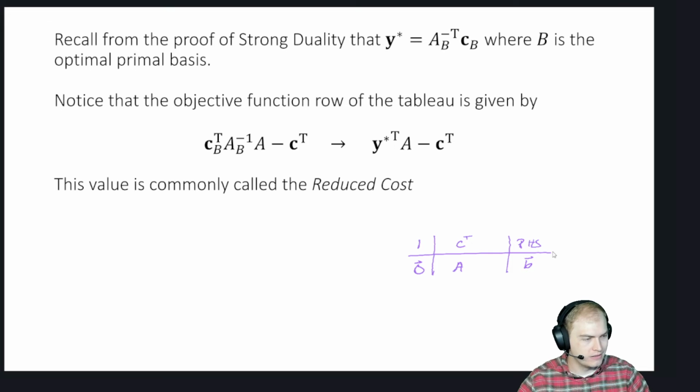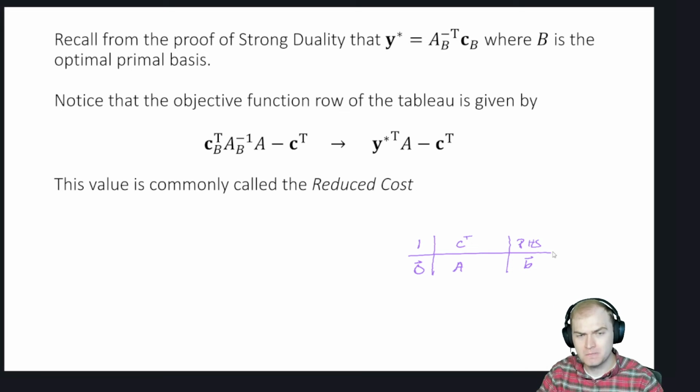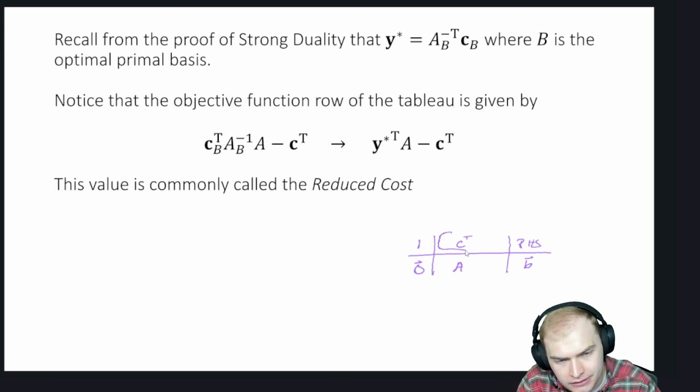When we put that in the canonical form for a different basis, we call this area the reduced cost.